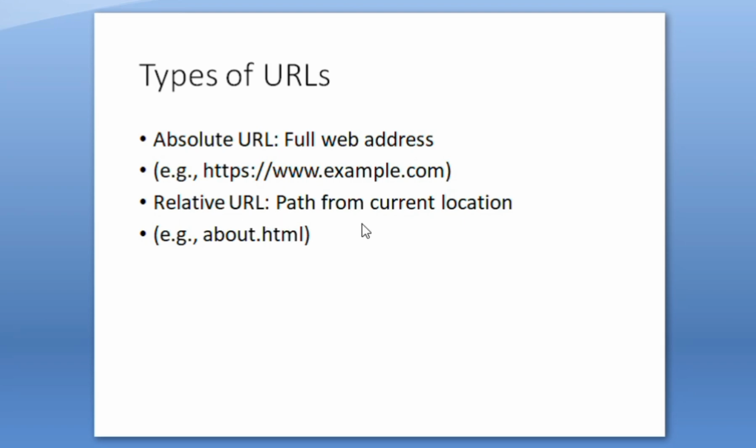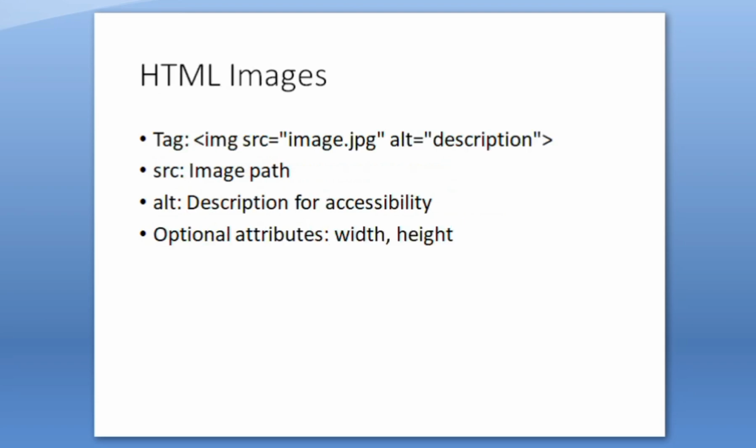It is a path from the local file, or we can give the parent as well as the current location in relative URL. Absolute URLs are used to link to external websites or resources, and relative URLs when linking to a file in your own project.